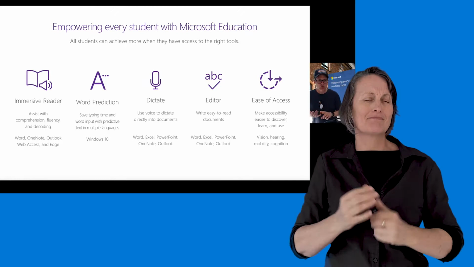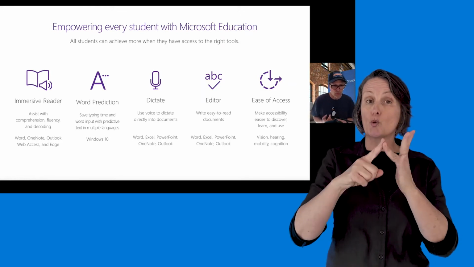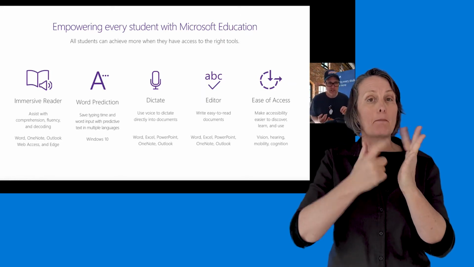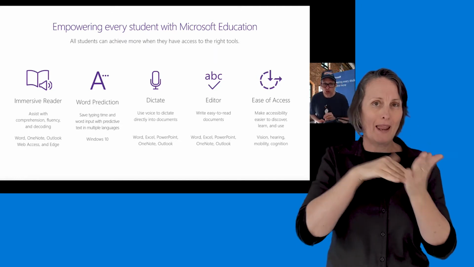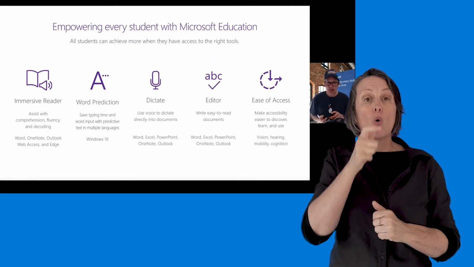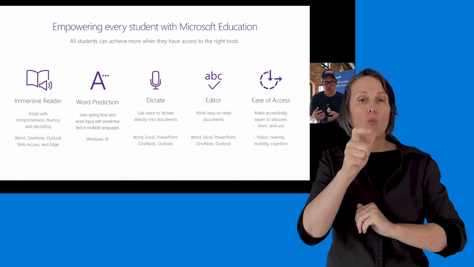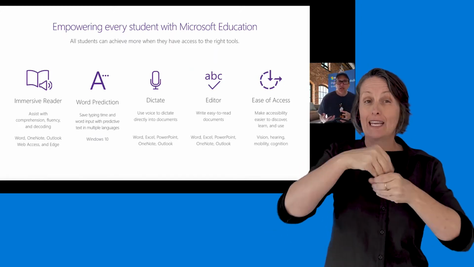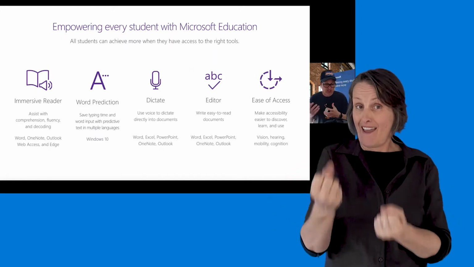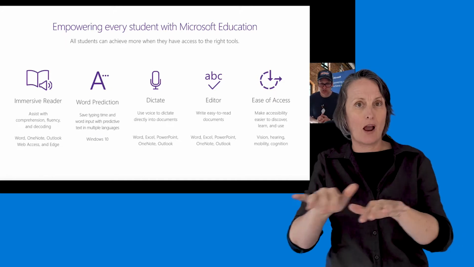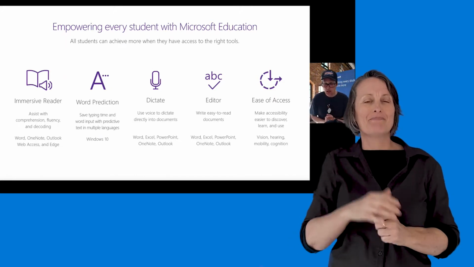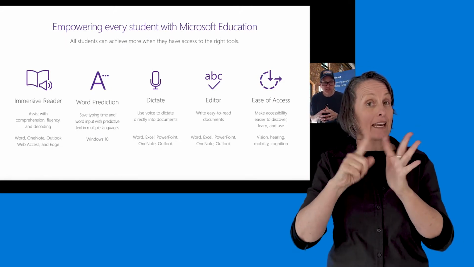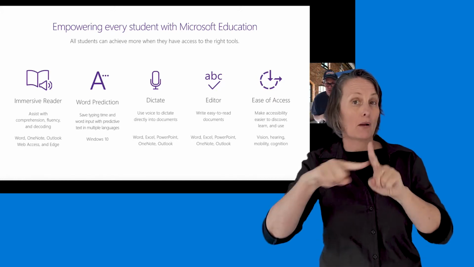So some of the main tools we looked at: Immersive Reader, which is going to help you with comprehension, fluency, and decoding. We looked at word prediction, and the fact that word prediction is built into Windows 10 and Windows 11, so that as you start to type, it's going to make suggestions to you. We looked at Dictate in Office, but remember that Dictate is also built into Windows.